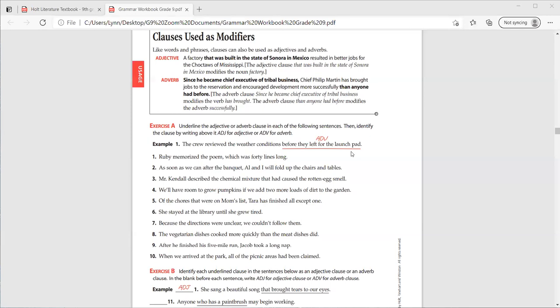Samuel grinned broadly. The adverb broadly makes the meaning of the verb grinned more specific. Sometimes I wonder about the future. When do you wonder about the future? Sometimes. And then we have the dog is very hungry. How hungry is the dog? Very hungry. So that's an adverb.